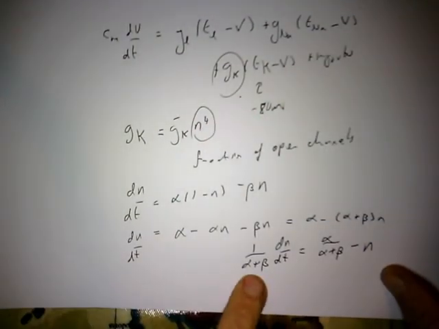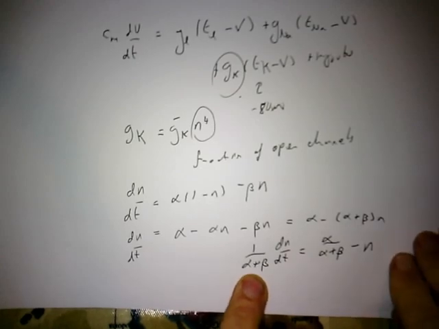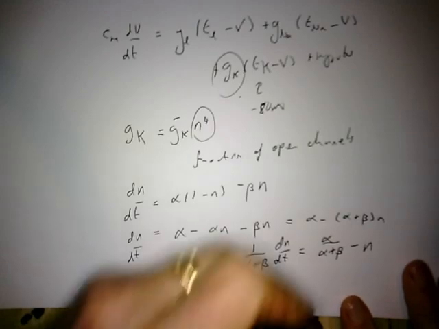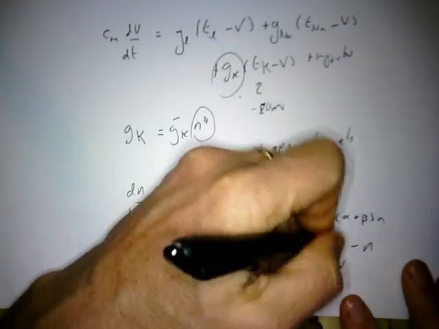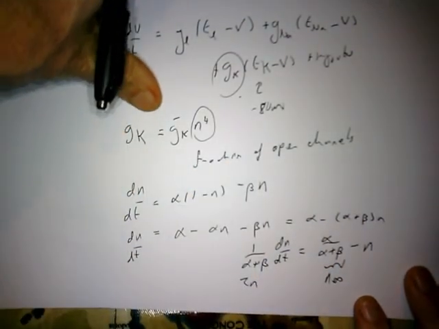Okay, and so that is a rate, because it's 1 over, that's a time scale. 1 over a rate is a time scale, and so 1 over (alpha plus beta) is a time scale, so we're going to rename that tau n, and alpha over (alpha plus beta) is dimensionless. We're going to call that n infinity.